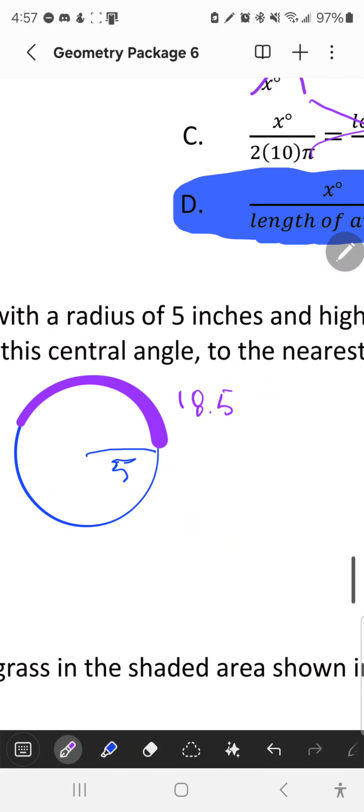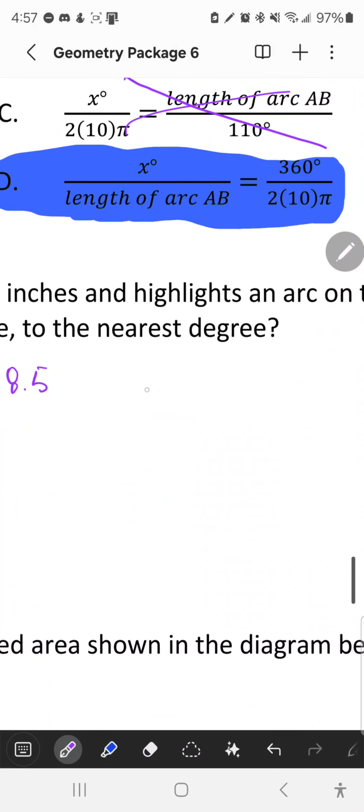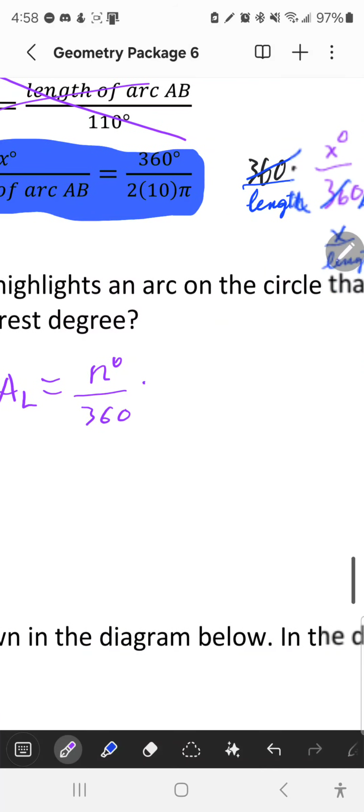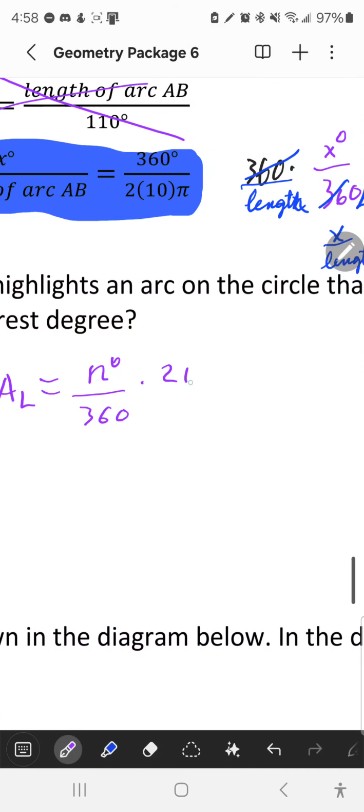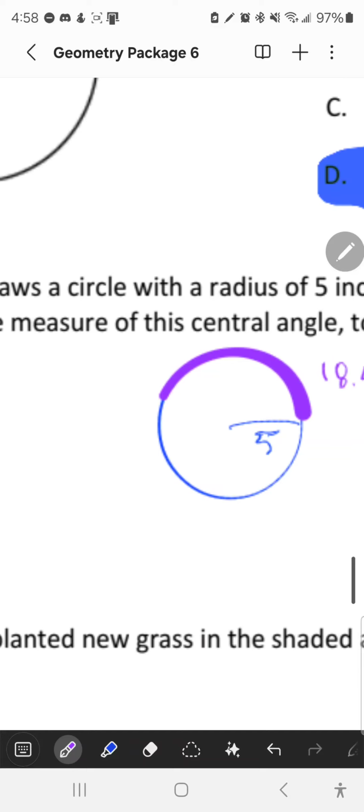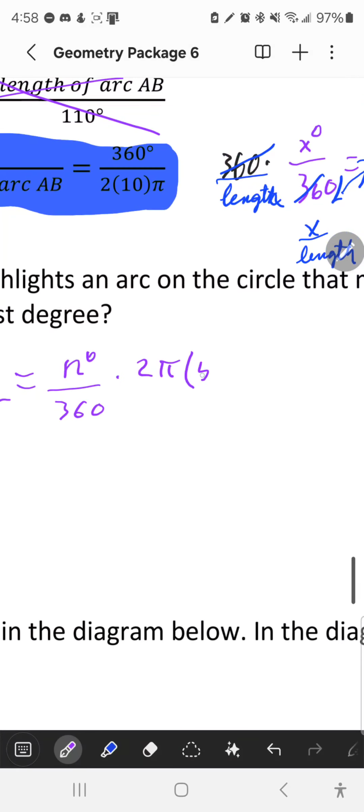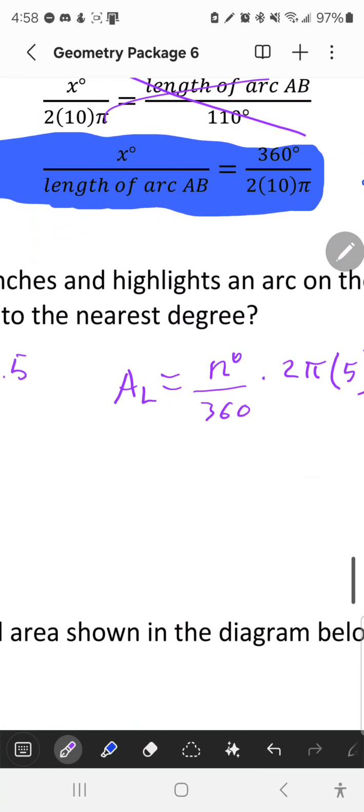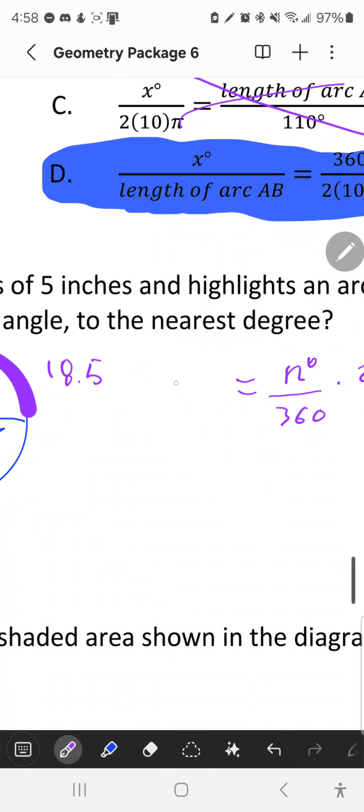What is the measure of the angle? So we know that the arc length is going to be equal to the angle over 360 times the circumference, which is 2 pi r. And the r right here is 5, so 2 pi 5. So I have that the arc length is 18.5.